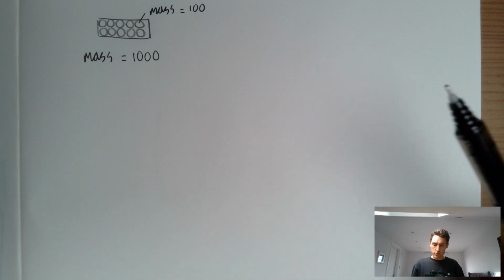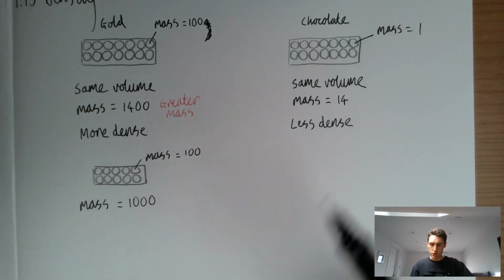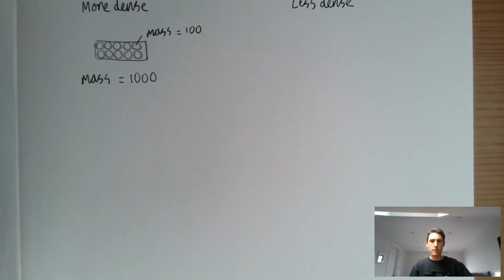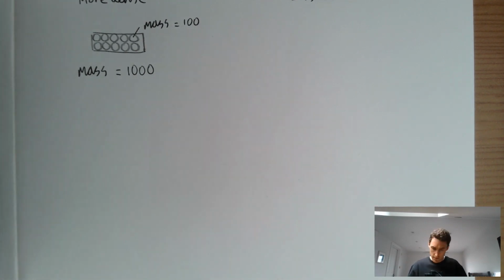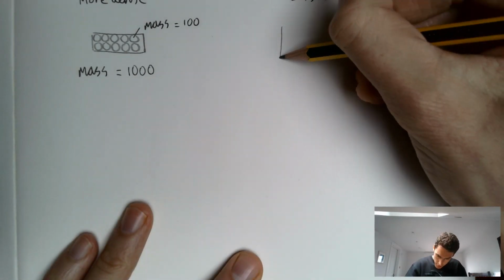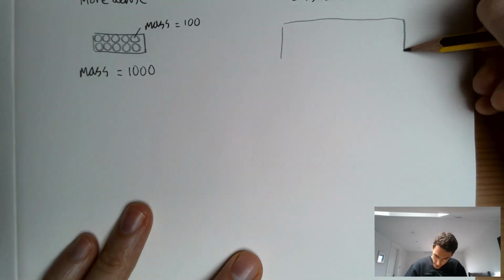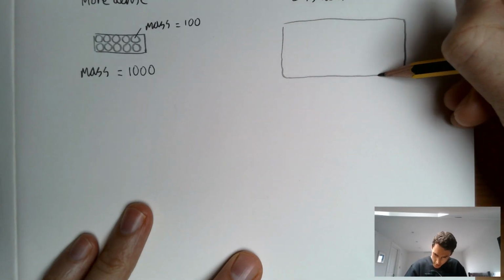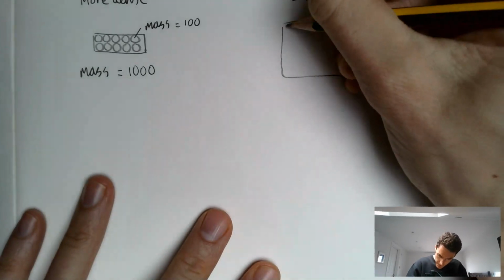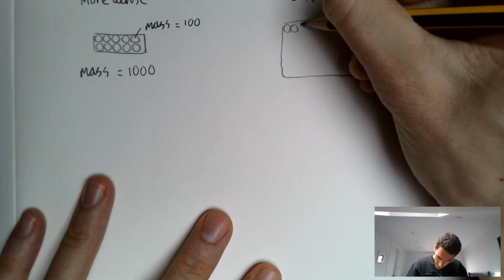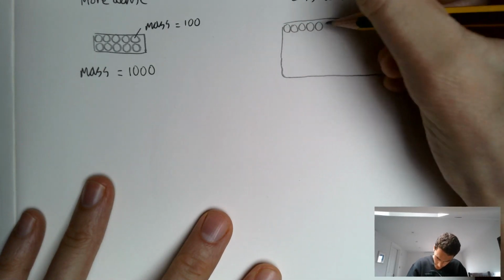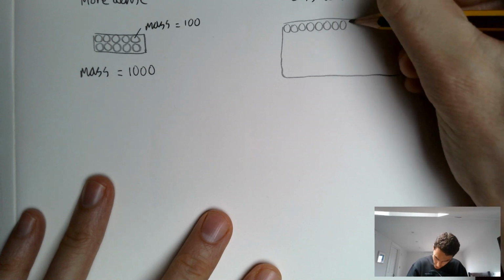But then I'm going to refer back to my chocolate particles and think, well, okay, if I wanted to get a mass of 1,000 here, I would need a really big object because I would need 1,000 particles inside this object. Now, I'm not actually going to draw 1,000 particles.